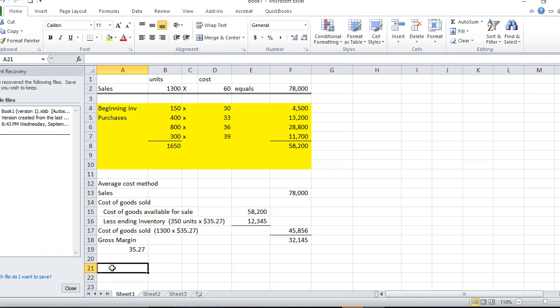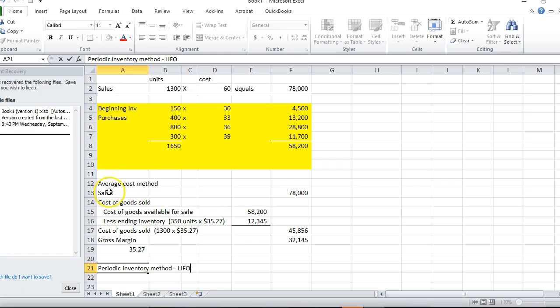Now, let's look at using the periodic inventory method using what we call Lifo. Lifo means the last costs that came in are the first costs we sell. Okay?